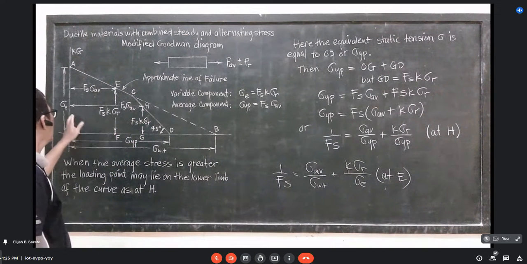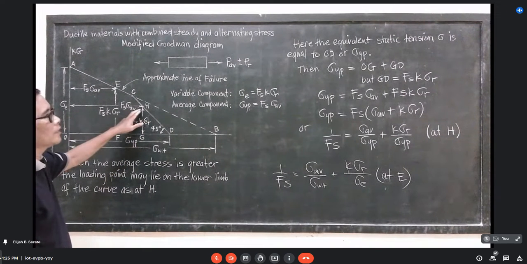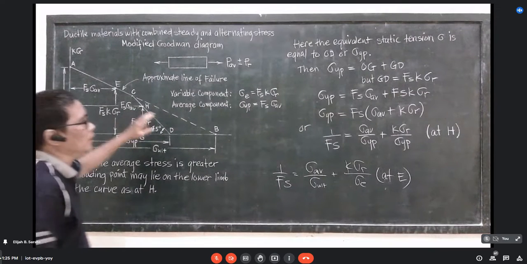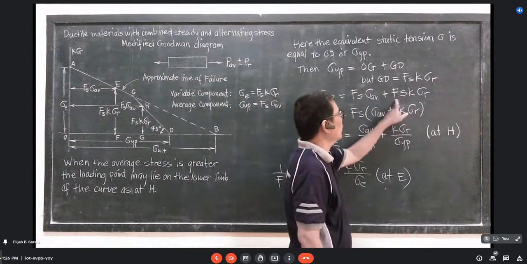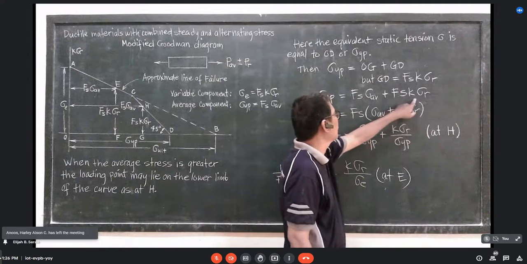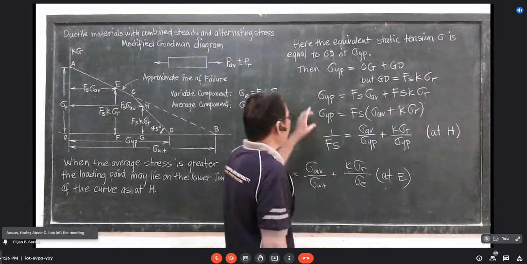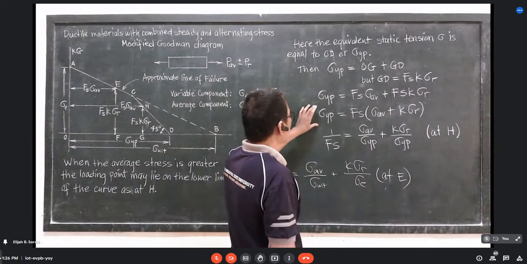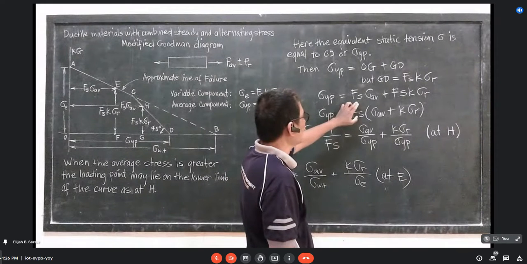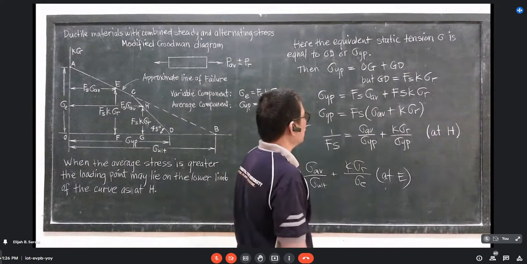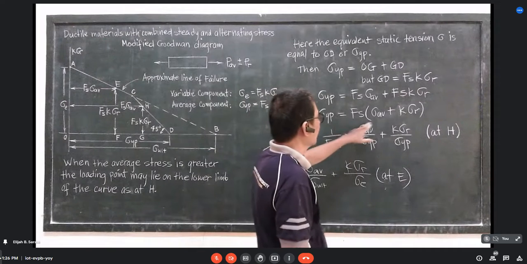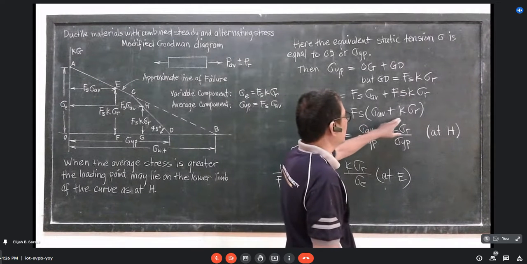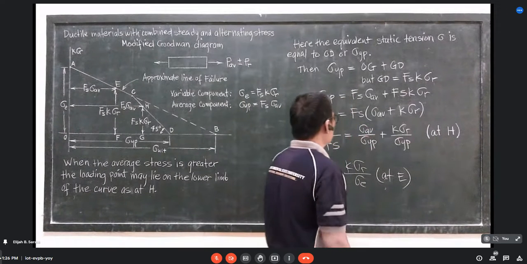Let's say OG, plus GD as derived here. This is our formula now. So if we simplify this, we factor out factor of safety, since it is a common factor, and the yield point is equal to factor of safety, average plus K range stress.